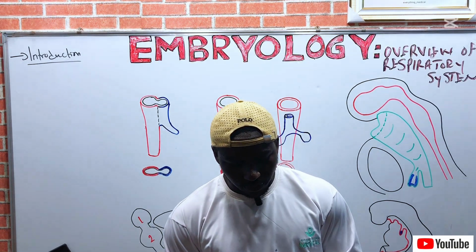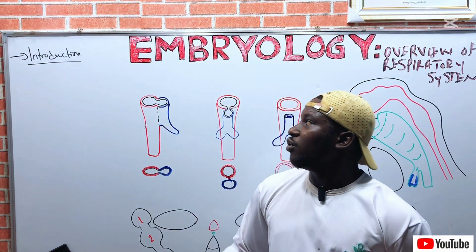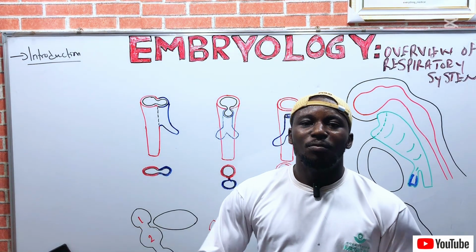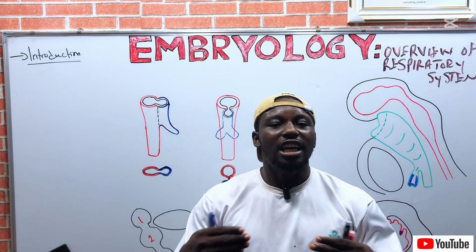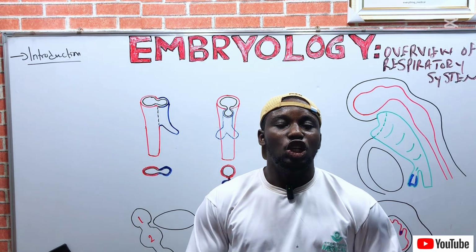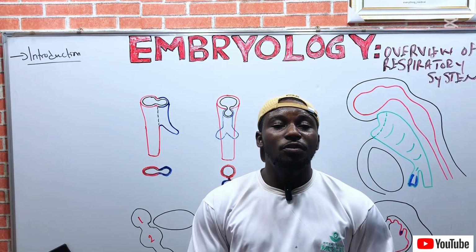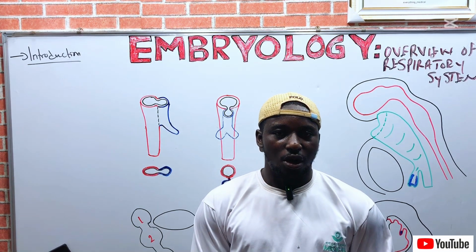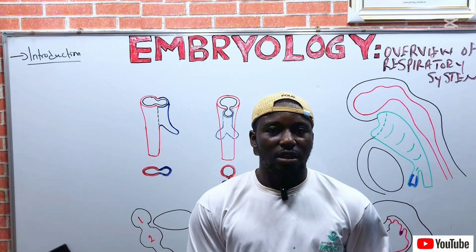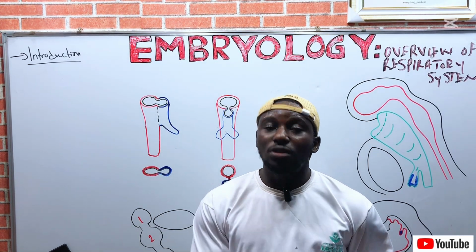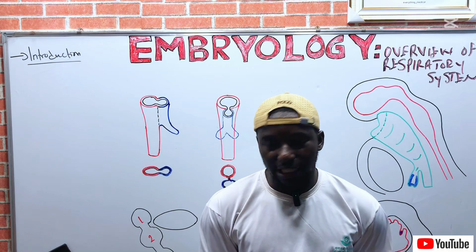So that is it. Now, you have to understand that the respiratory system is purely endodermal in origin. That means it developed from the endoderm of the embryonic lining. The respiratory system developed from the endoderm of the embryonic lining, right?